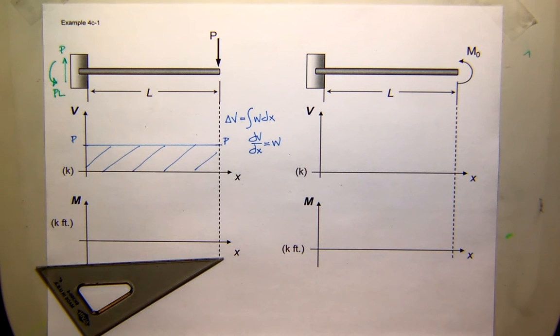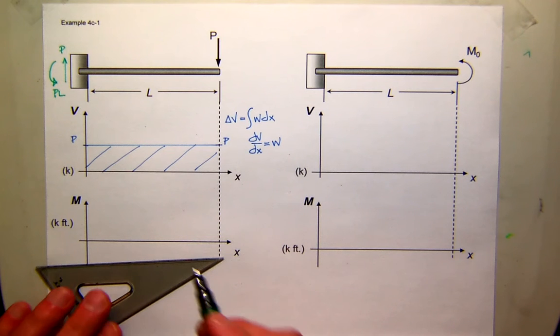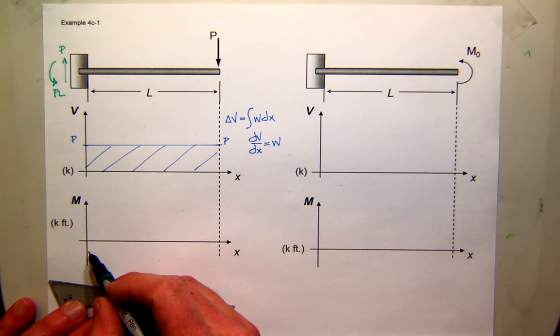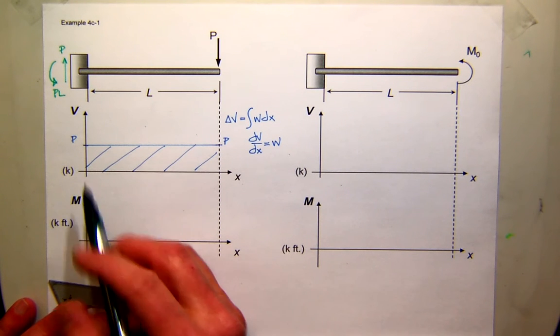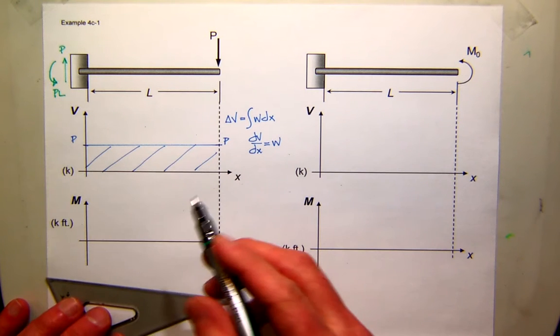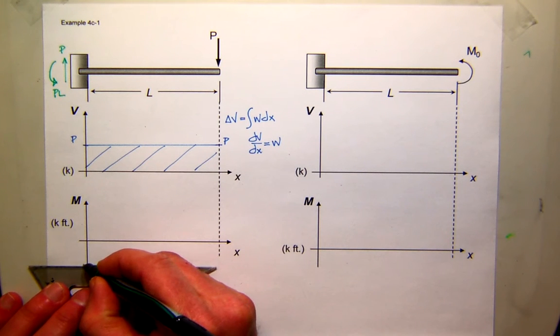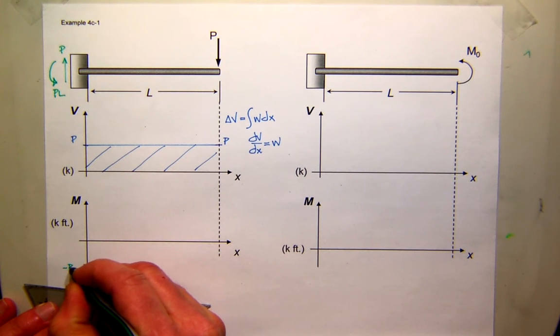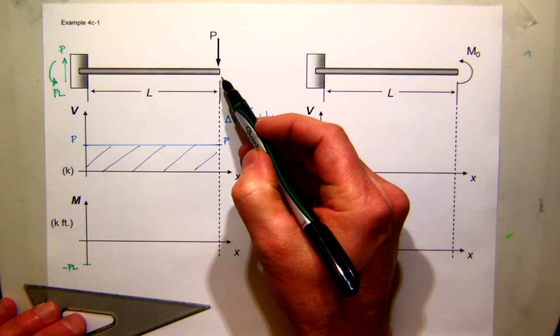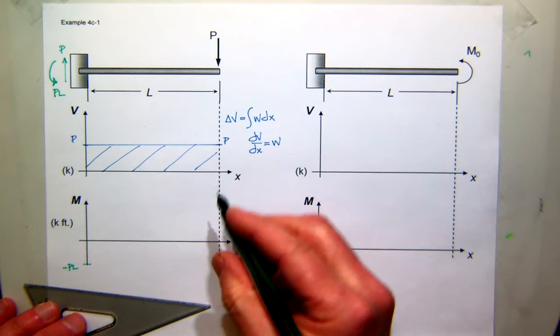Now what about the moment? Well, let's start here on the left side. What's the moment at the fixed connection? It's negative PL, right? So I'm going to start at negative PL. By the way, what's the moment at the free end? 0, so I better hit 0.